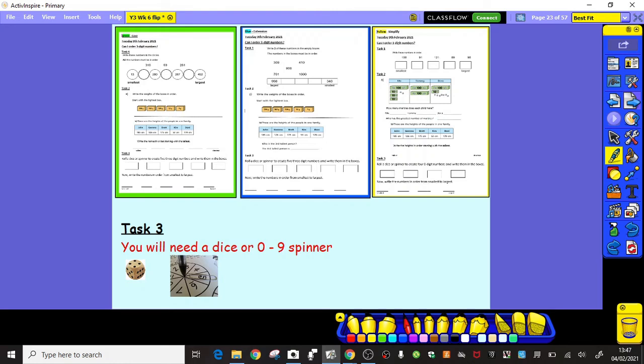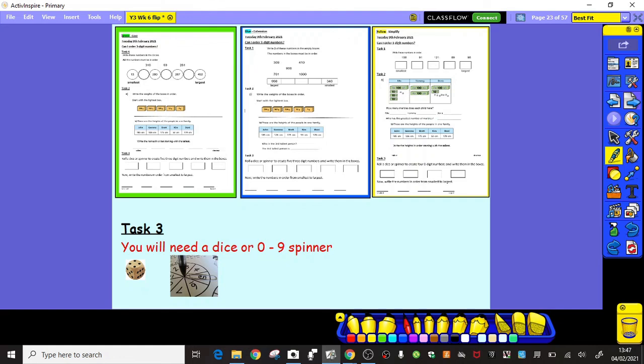Okay, so today for your tasks, they're all quite similar. Task 1 is to put the numbers into order. You have to check carefully whether it's asking for smallest to largest or largest to smallest. Make sure you get them right. Task 2 is again putting some weights in order and putting some heights and lengths in order.